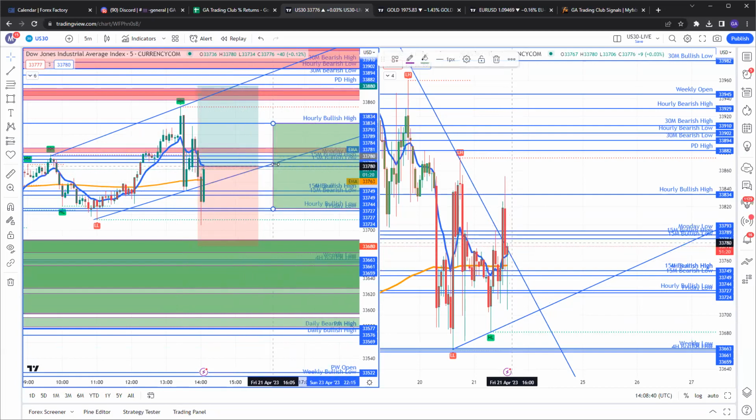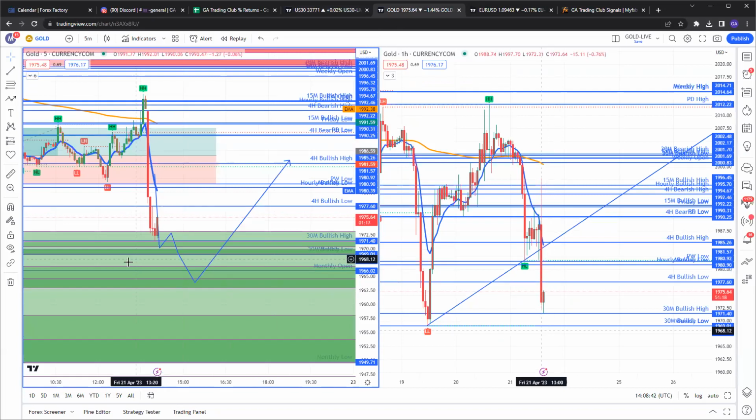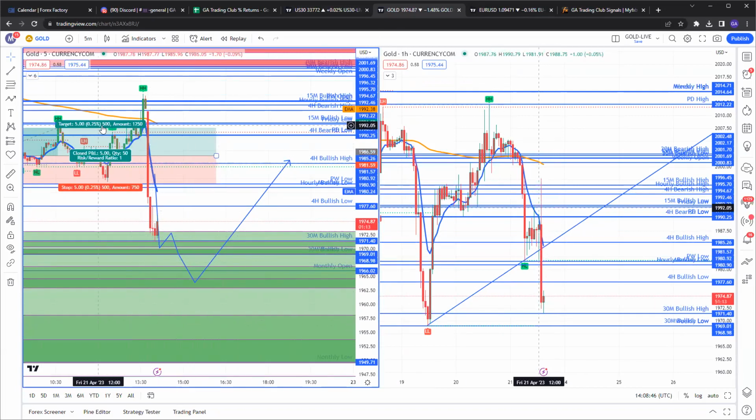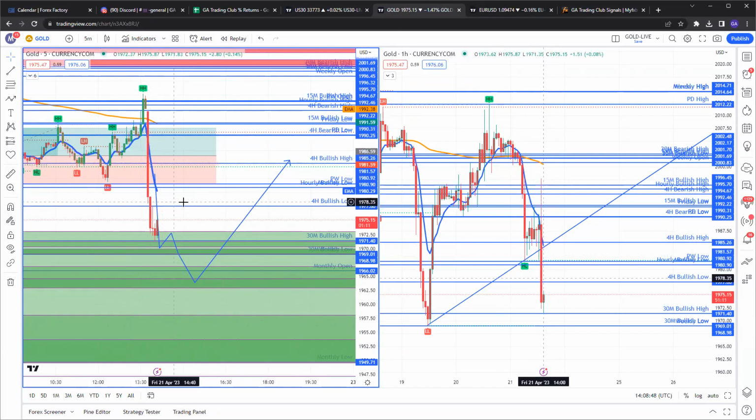I wanted to enter that gold trade, but anyway, for this gold trade I would say it's better to wait for the reversal strategy, right? What's the reversal strategy we talk about? We wait for closure above the 9 EMA on the 5-minute, and then retest and closure above the 9 EMA.